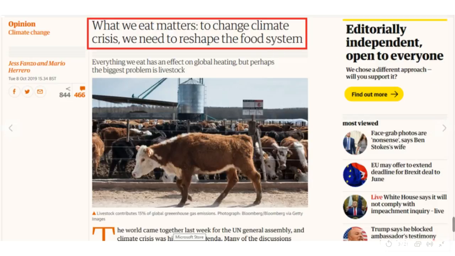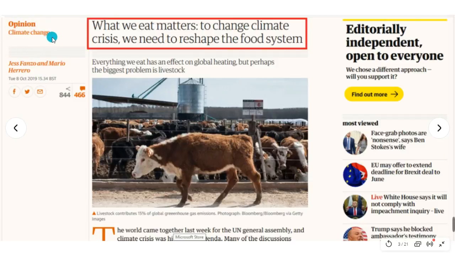So there are some keywords that give you the information. First, it is climate crisis, and then food system. Besides that, if you see the text on its side, there is information about what type of text this is. This is an opinion text within the topic of climate change.